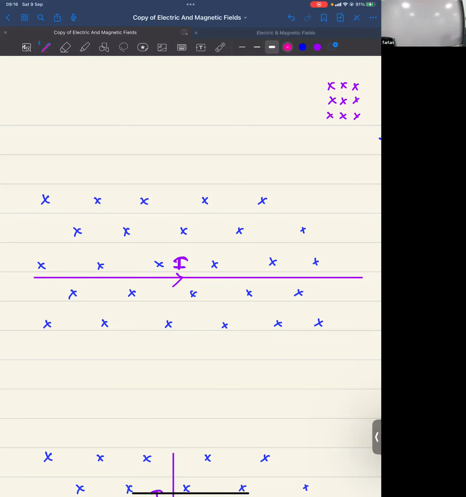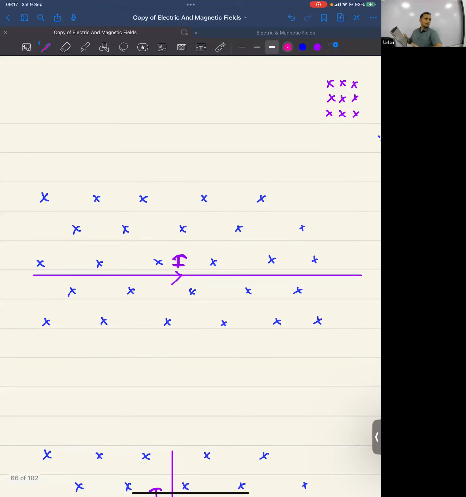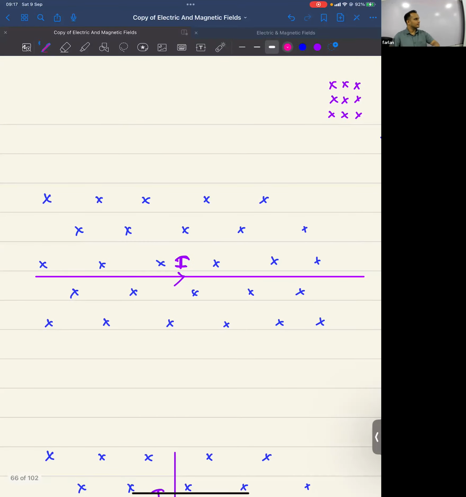Magnetic field is into the plane of the paper. Current is this way. So the thumb is upwards. This finger is the magnetic field, current is to the right, and the thumb is directed upwards. Guys online, just hold your paper like this. Magnetic field is into the plane of the paper, the current is this way, so the thumb points upwards. So the force is upwards.